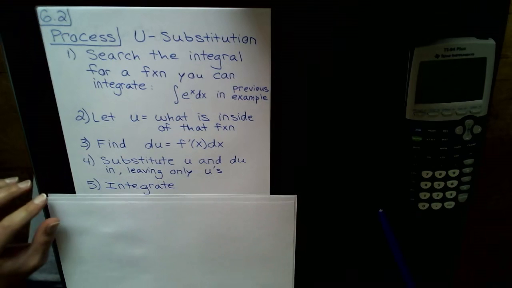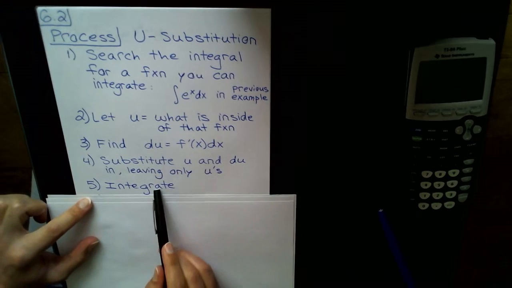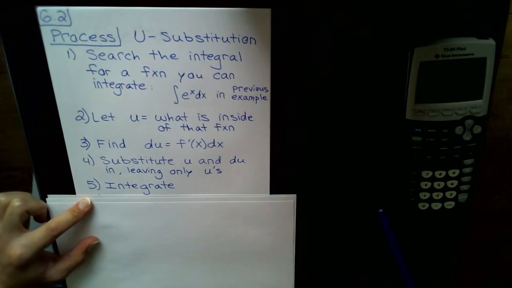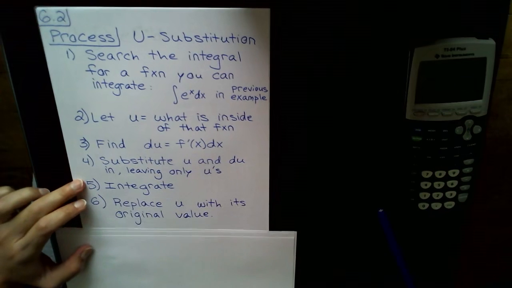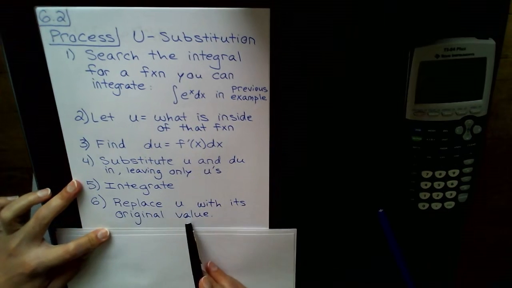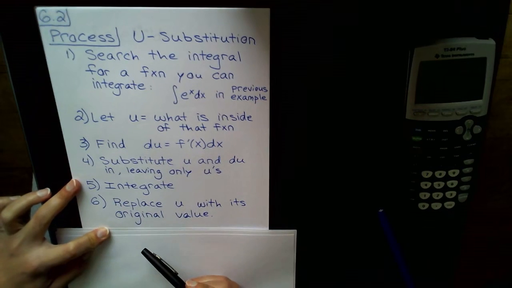And then once we do that, we can integrate because we'll have a problem that looks as simple as this. And after integrating, we can replace u with its original value, thus finding the original antiderivative.